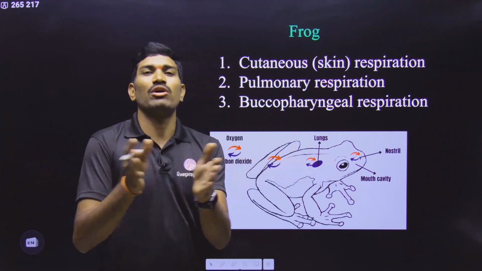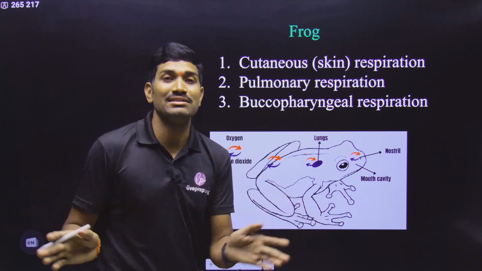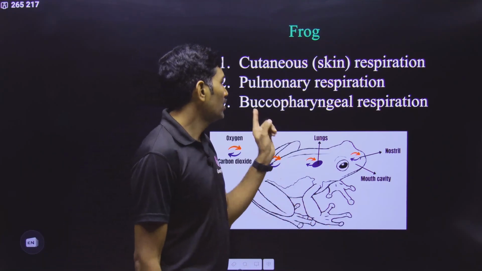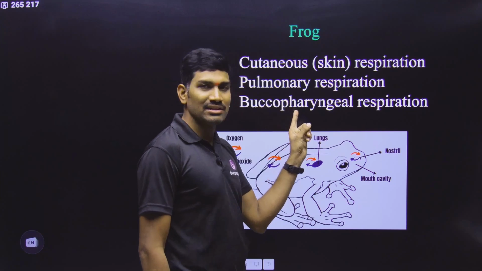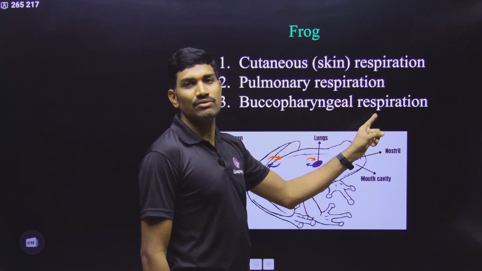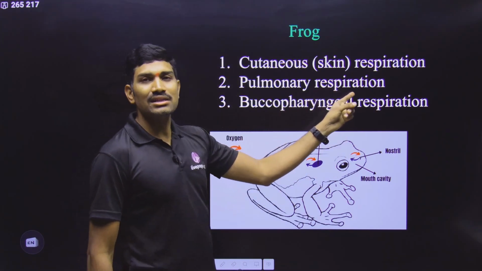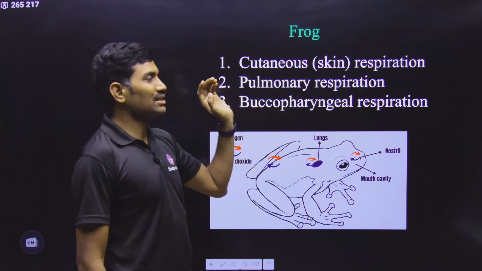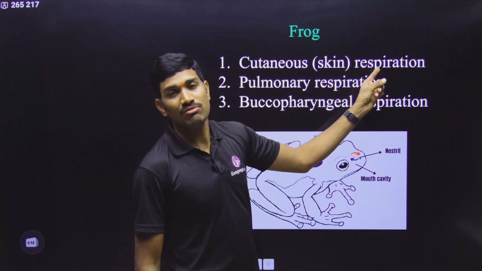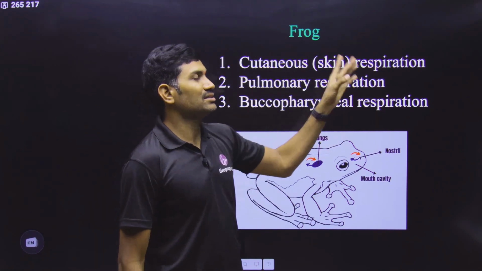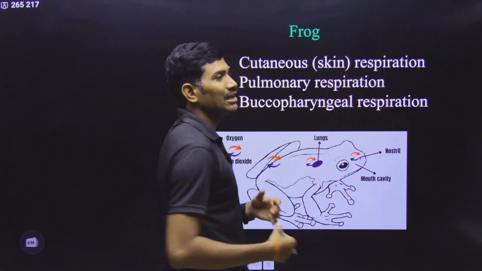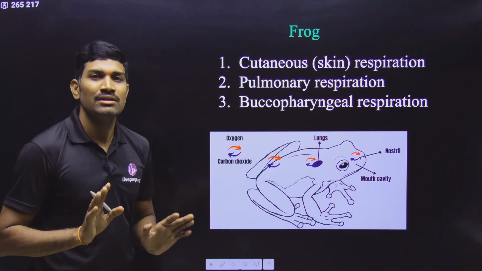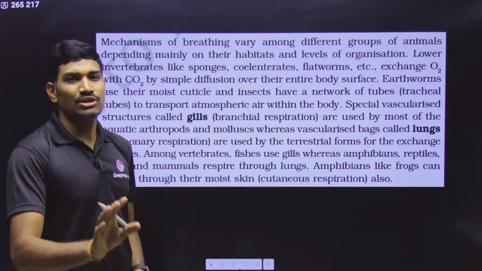Across that moist skin also, exchange of gas is taking place. So please observe carefully. This is buccopharyngeal respiration. Within the buccal and pharyngeal cavity, exchange of gas is taking place, and the lungs are also involved, so pulmonary respiration is occurring, and the moist skin is also involved in exchange of gases, so cutaneous respiration. So in the case of frog, you can see all 3 types of respiration. This is another most important point that we need to remember.